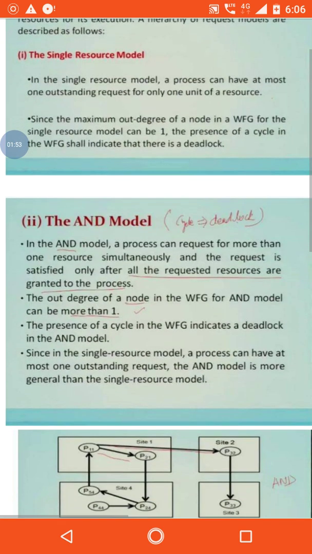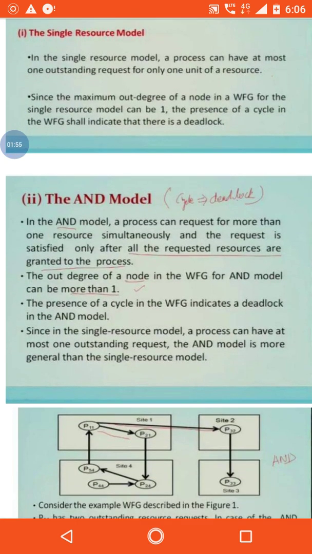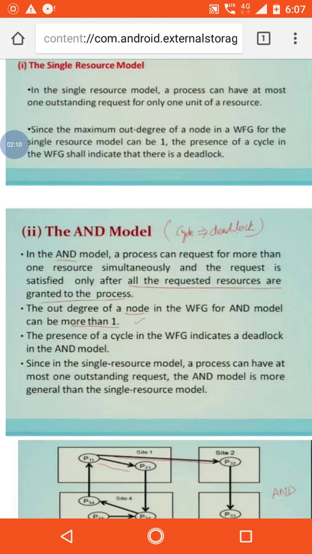Then the second thing is the AND model. In digital electronics we can use an AND gate; for that we have to use two inputs, and then only we can get an output. In the AND model, a process can request more than one resource.